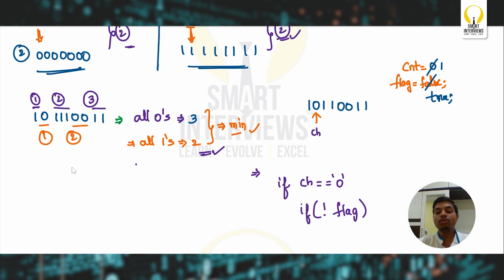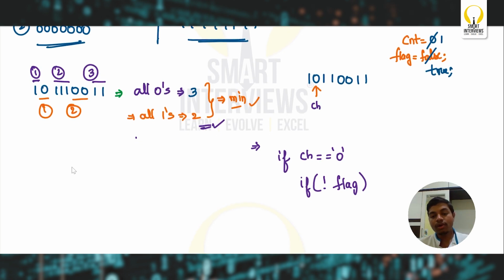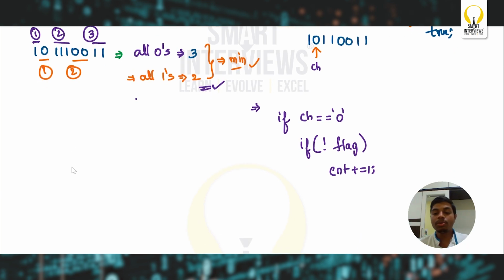If this is the condition, what I'm supposed to do? Just increment my count plus equals 1. Count will be incremented, and as the count has incremented, what is the next step? I'm supposed to mark my flag as true. So I also perform this operation: flag equals true.